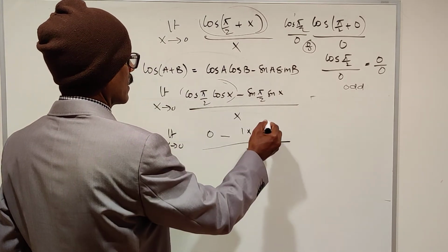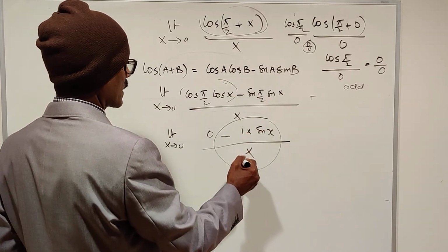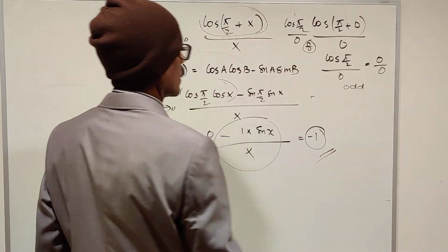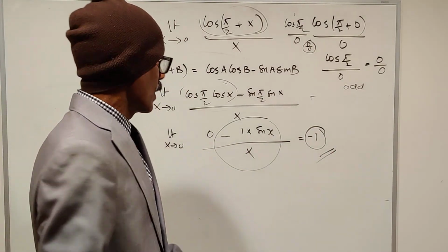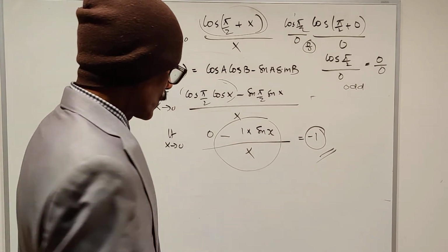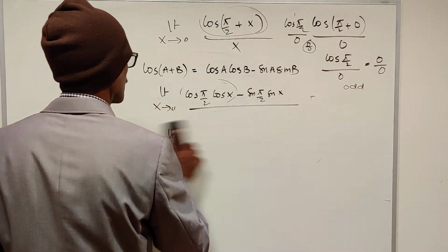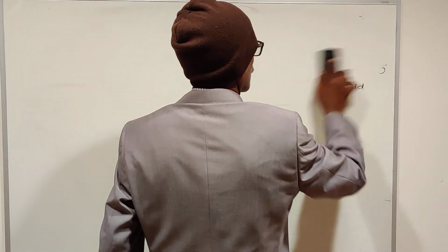See again, this is a formula. Minus sin x by x is minus 1. See, the answer is minus 1. Before also you got minus 1. Okay, I showed the two methods. Okay, next one, the last problem.